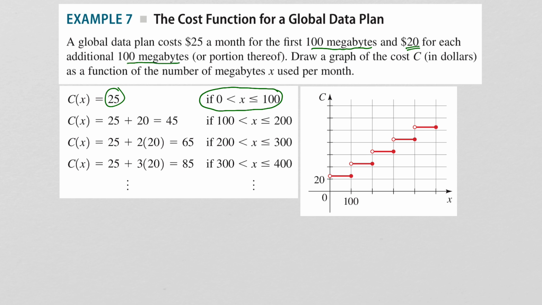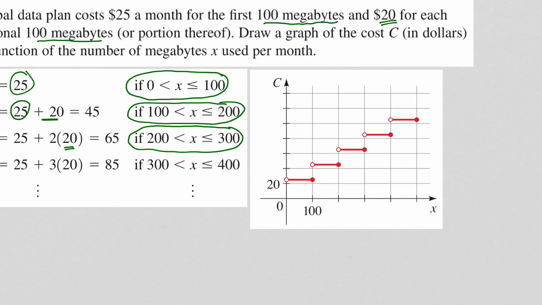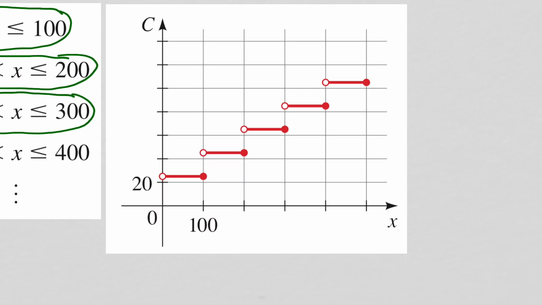So if you use up to 200 megabytes, you are going to pay the original $25 plus an additional $20, which would be $45. If you use another 100 megabytes, you are going to pay another $20. So notice that we have 2 times 20 there, etc. And so what happens is you get sort of a step function in terms of the bill.